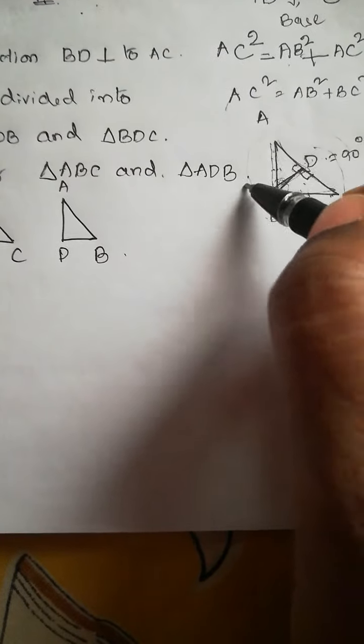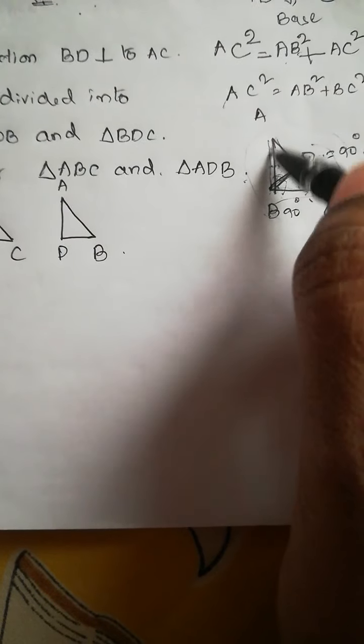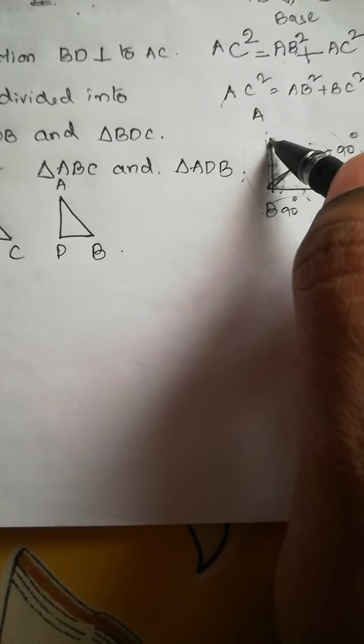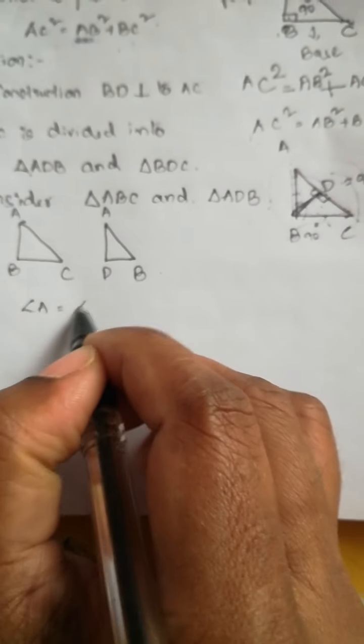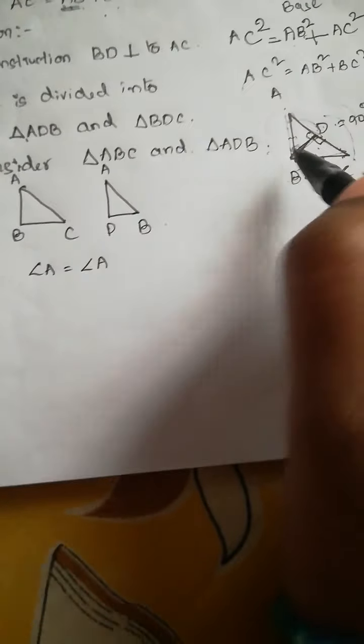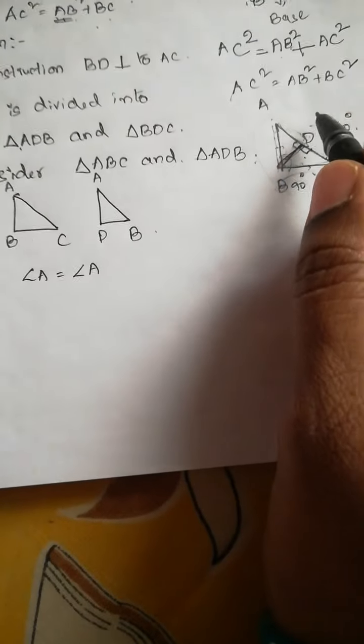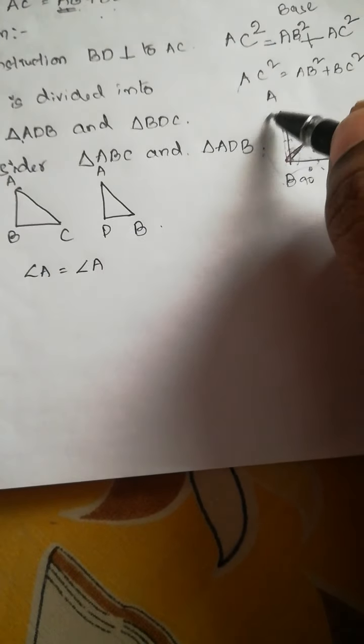Now see here, in ABC and ADB, A is common. It is not at all changed in the two triangles. So angle A is equal to angle A. And one more angle. See here, angle B is 90 degrees in ABC. Similarly, angle D is 90 degrees in ADB.